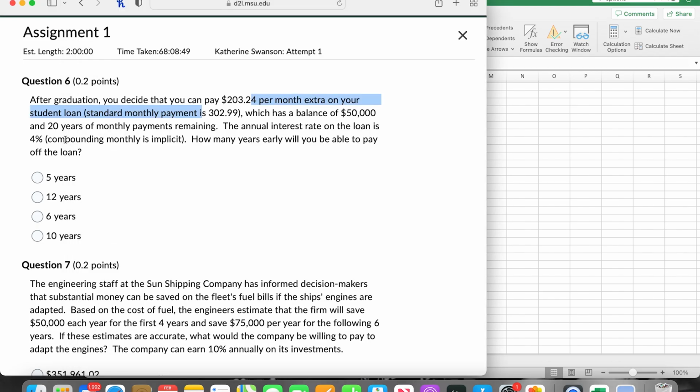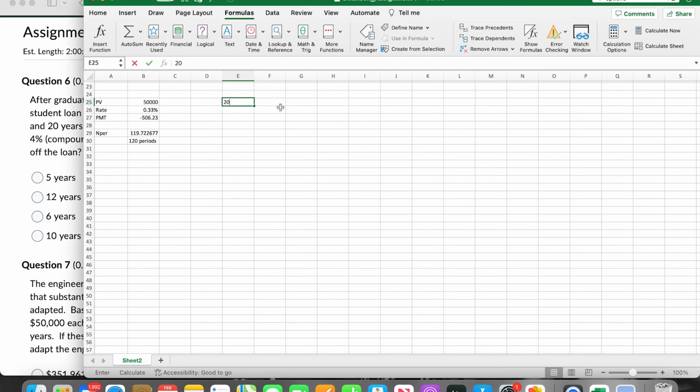So the next question is, how many years early will you be able to pay off the loan? So if you were not to take on this additional role, it's 20 years of monthly payments. So 20 times 12 equals 240 is standard, let's call it. Now, if you spend extra, it's that 120 we just solved.